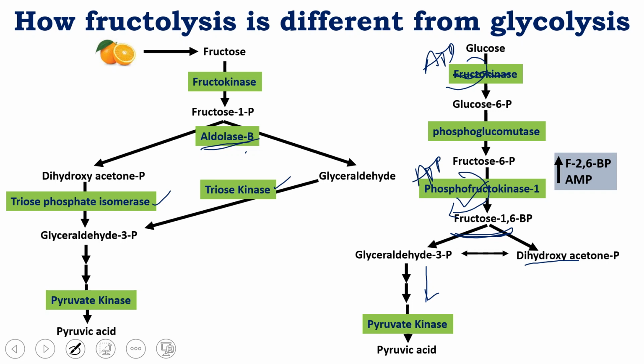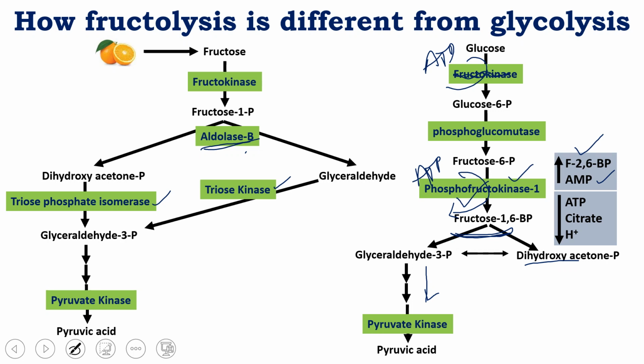This is under the regulation of fructose 2,6-bisphosphate, and AMP normally increases the expression of PFK. So fructose 2,6-bisphosphate and AMP, meaning insulin or energy deficient conditions, or ADP also, increase the activity of PFK1. Whereas ATP, that is energy sufficient conditions, citric acid or protons normally decrease the activity of PFK1.